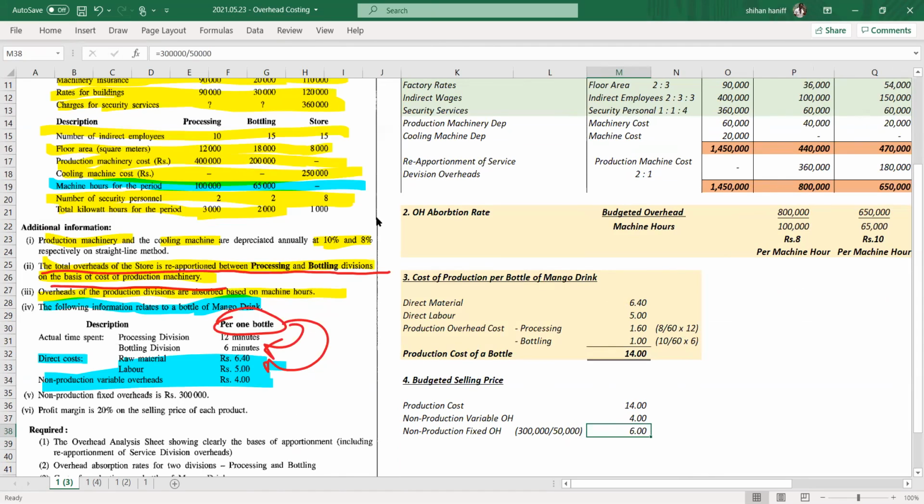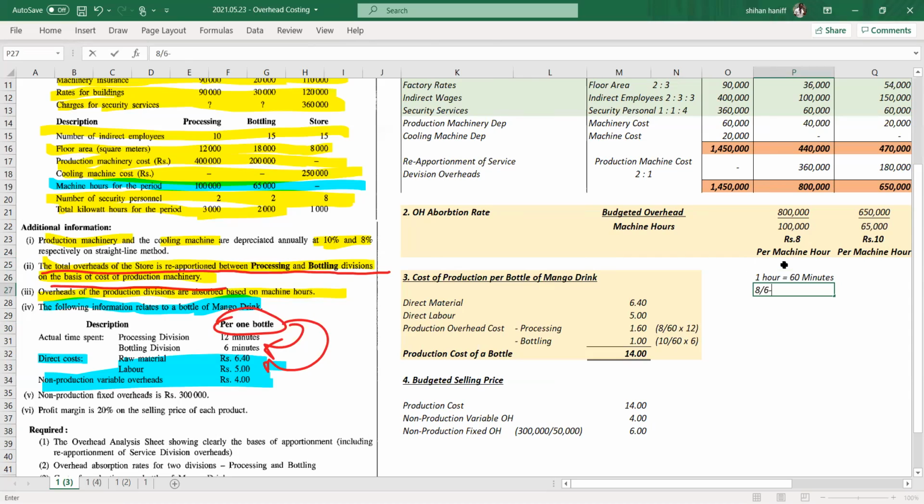What is this 8 divided by 60? The 8 is for 1 hour, and 1 hour equals 60 minutes. That is why 8 was divided by 60.